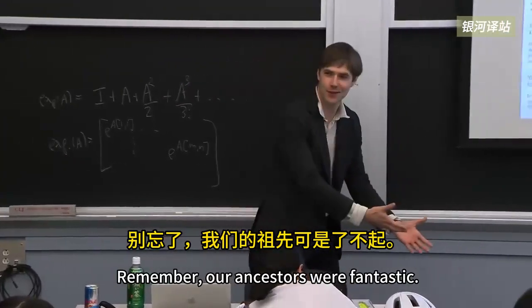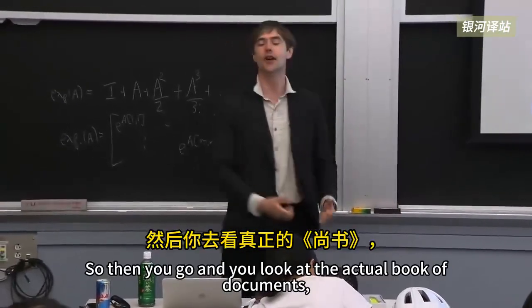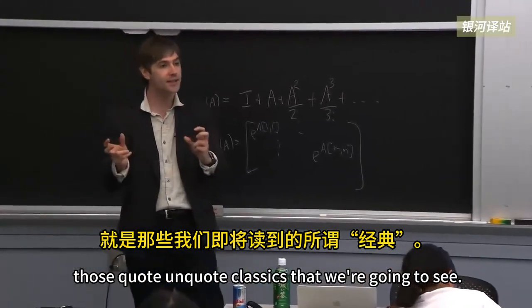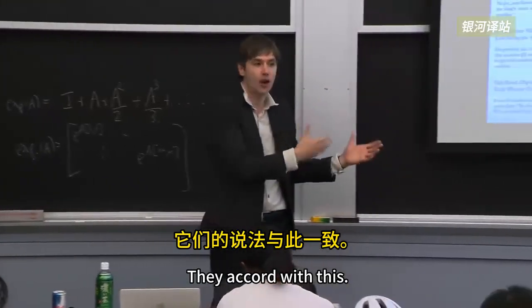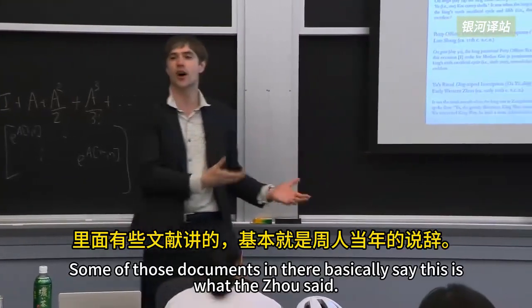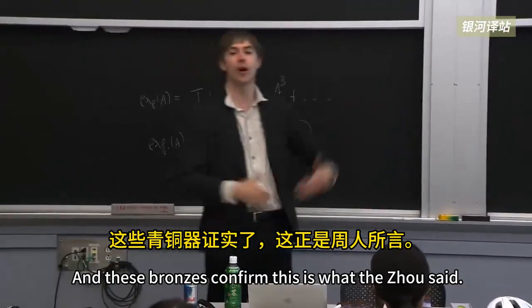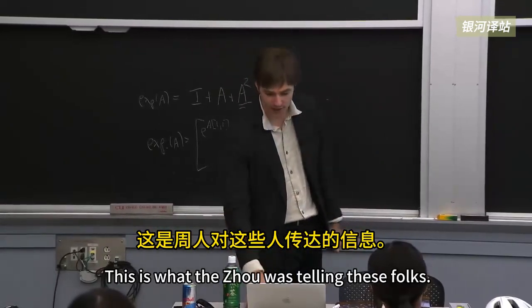Remember, our ancestors were fantastic. Remember, the Shang was awful. Then you go and look at the Book of Documents, those quote-unquote classics that we're going to see. They accord with this, right? Some of those documents basically say this is what the Zhou said. And these bronzes confirm this is what the Zhou said. This is what the Zhou was telling these folks.